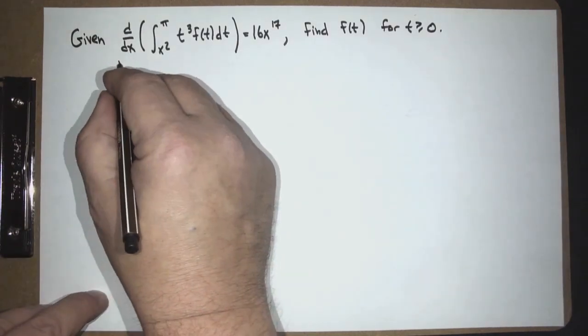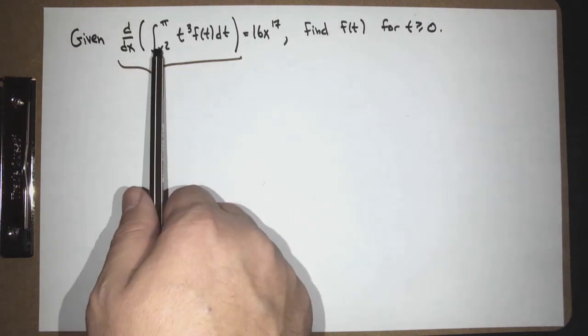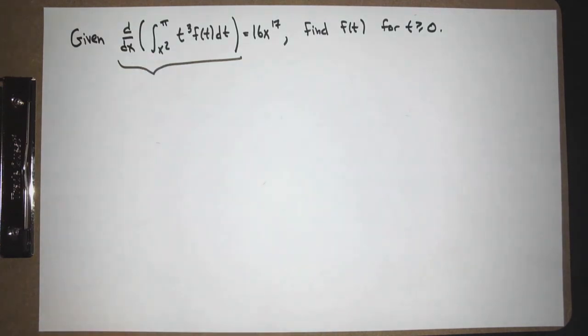Perhaps we should focus on this side for a second because it says take a derivative. Can we take a derivative of that integral? Notice the function is only downstairs, not upstairs.